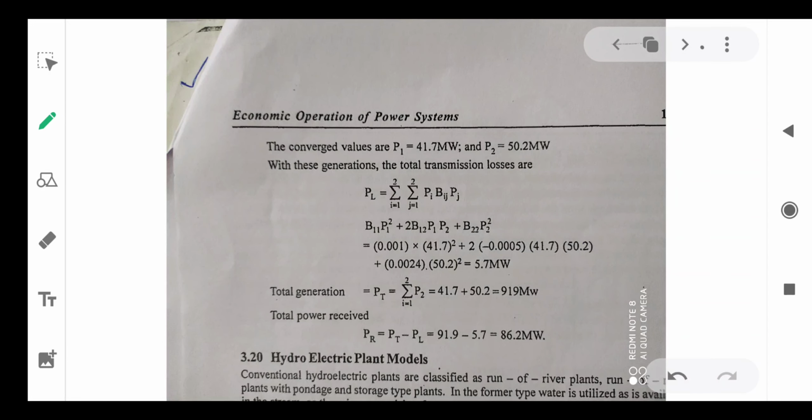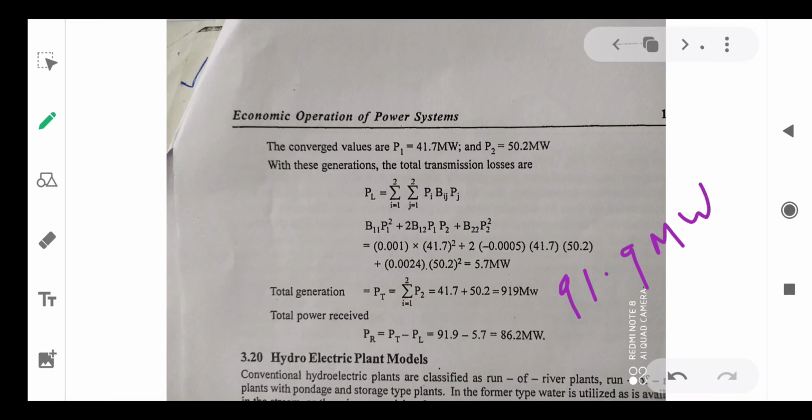So by using that expression, PL is calculated. This PL expression, by substituting B coefficients in the expression, you will get 5.7 megawatts. P1 plus P2 equal to 41.7 plus 50.2, 91.9 megawatts.